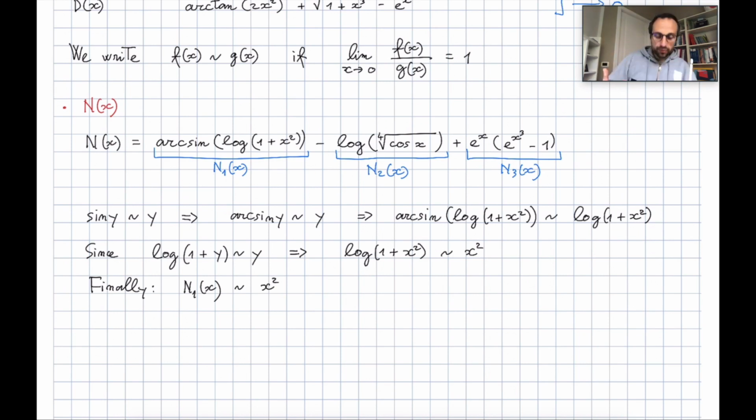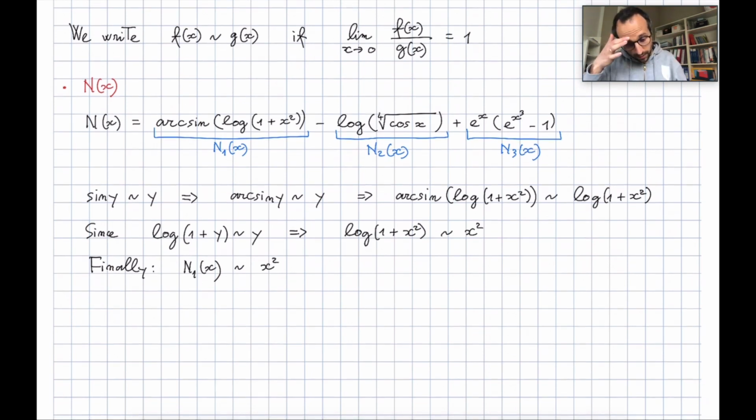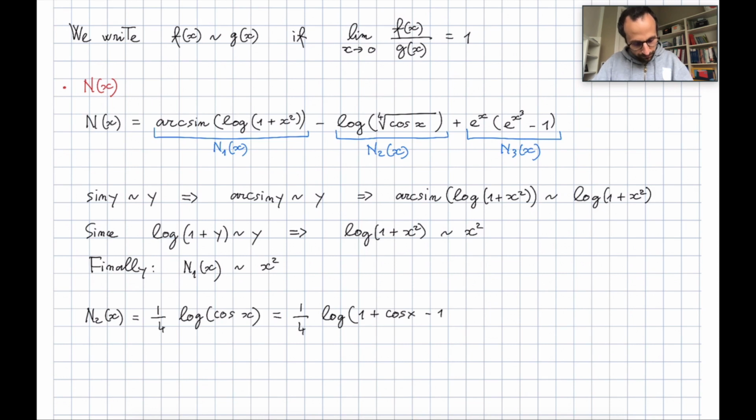Right, so now we have to keep going. Let's look at n2 of x. So let's write n2 of x. By using the properties of the log, I can write it as 1 over 4 log of cosine of x. Now I want to isolate a 1 here, and I write the cosine as 1 plus cos x minus 1.